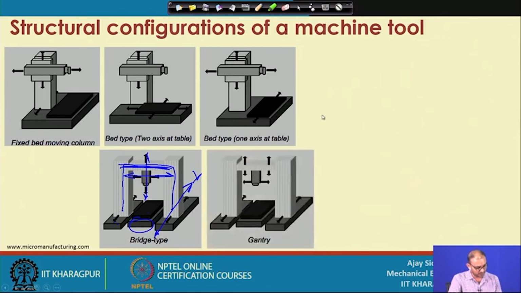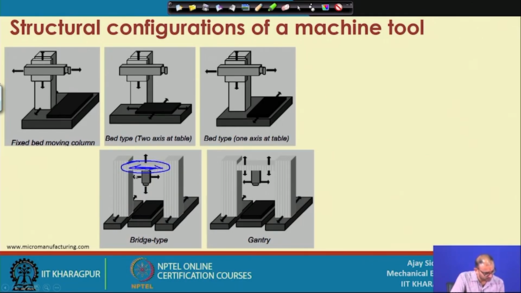And this one is the gantry type. Here still there is no movement on the workpiece side. It is almost the same as the bridge type, you can see the y axis is the same, but in this location your bridge was the fixed one, that means there was no movement on the bridge, but your tool was moving on this bridge.